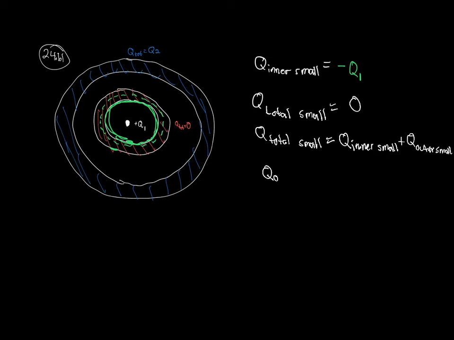So Q outer from the small has to be Q total from the small minus Q inner from the small.